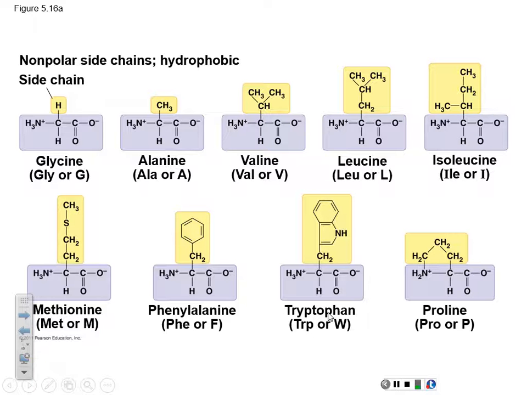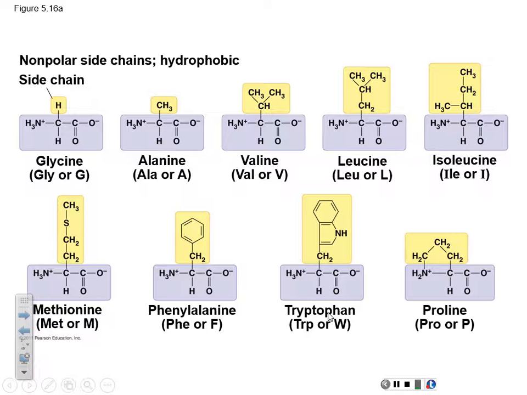Remember, all amino acids have that same purplish stuff, right? The amino group, the central carbon, a hydrogen dangling off of it, and a carboxyl group. So there's not a lot of action going on down in that part of the molecule. The differences from one amino acid to another are what's going on with that R group, that reactive group.